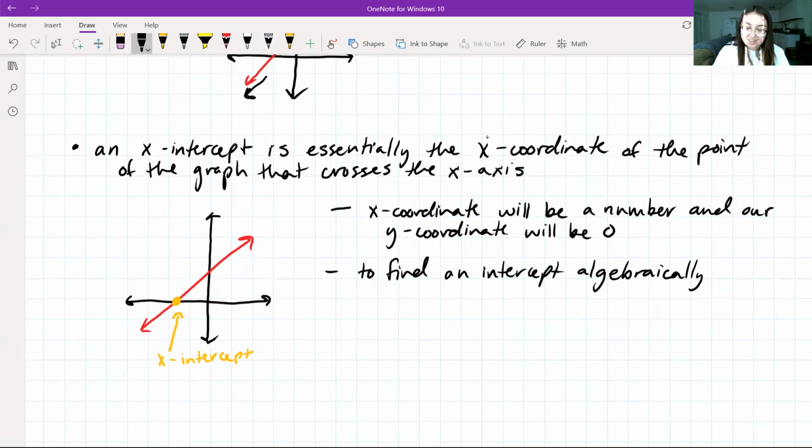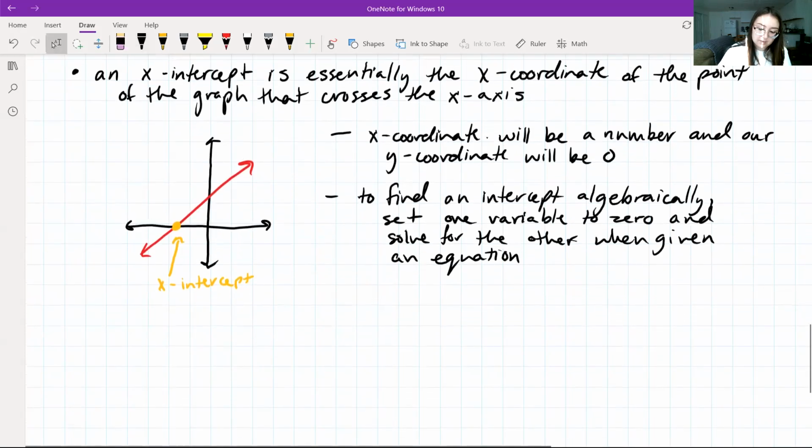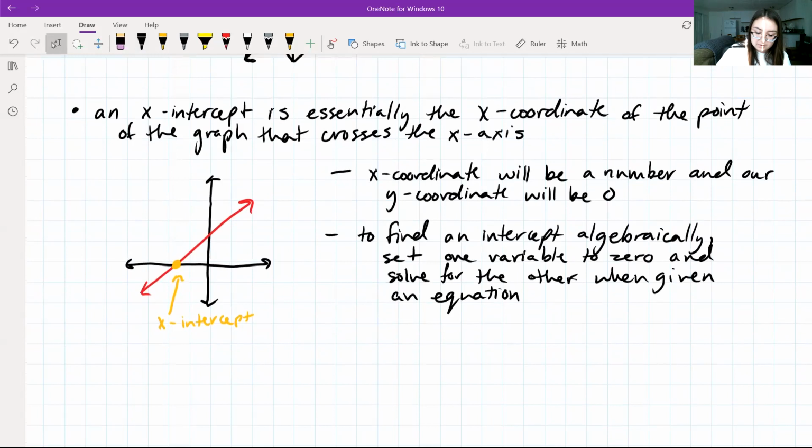To find an intercept algebraically, all you need to do is set one variable to 0 and solve for the other when given an equation.